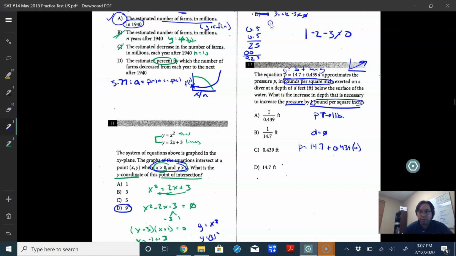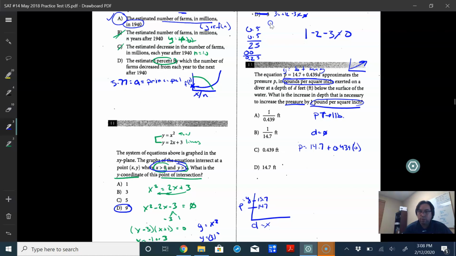So if we draw this out, let me draw this out. So we have P over here and we have D over here because P is the same thing as our y and D is the same thing as our x. So when D or x equals 0, we know we're at 14.7. Okay, and we want to get to 15.7. So what can we do?